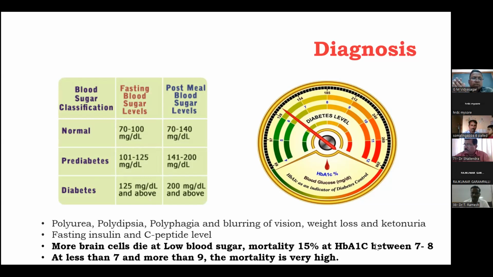Now it is understood that blood sugar up to 140 is not diabetic, above 140 up to 200 is pre-diabetic, and above 200 is diabetic. But even this, as per our Ayurvedic system, the blood concentration and the sugar concentration in the blood vary.